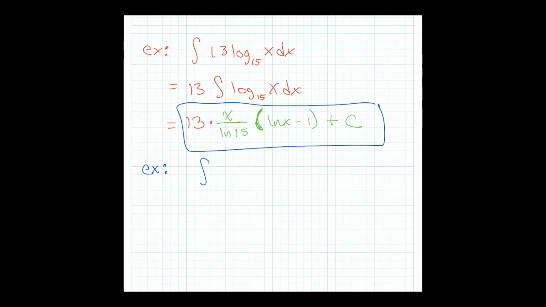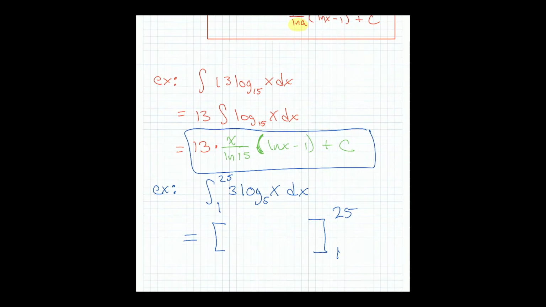Let's say we're going to go from 1 to 25 of 3 log base 5 of x dx. That should be fine. Okay, so this is a definite integral, so that means we're going to be doing the fundamental theorem, which means we need the antiderivative, and then this needs to be evaluated between 1 and 25.